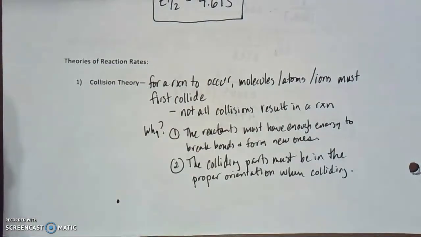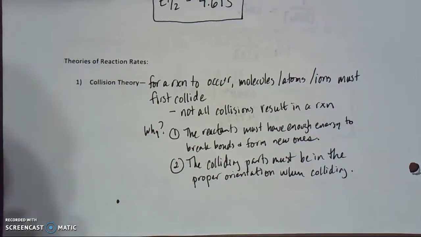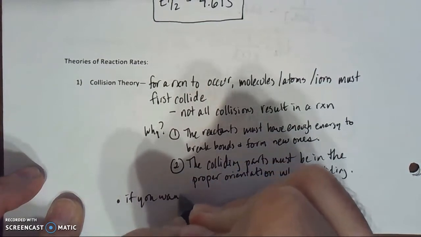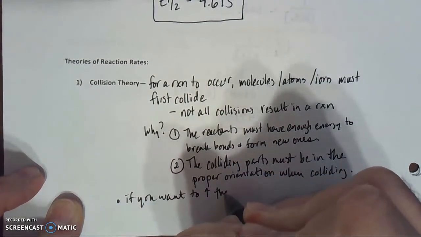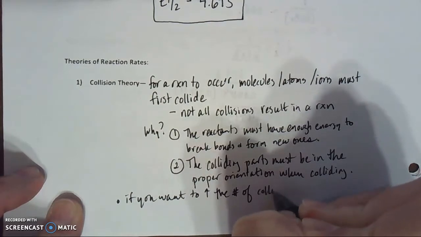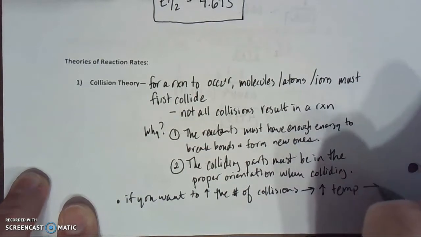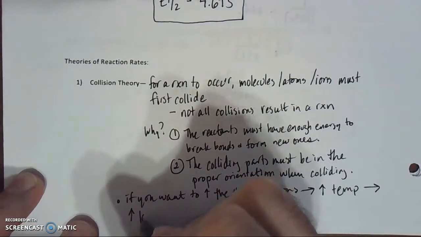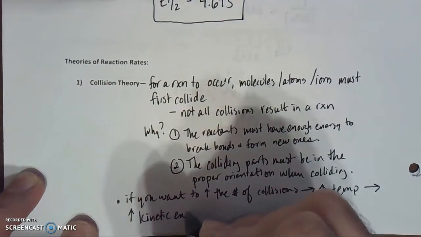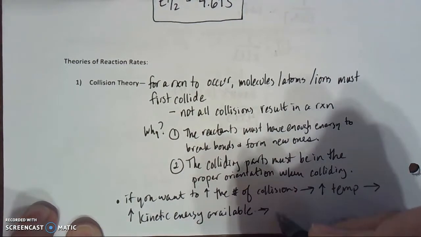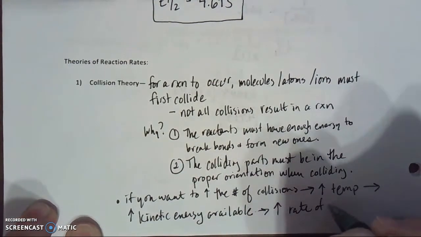We already gave a clue with temperature. If something is not moving very quickly, to get it to move quicker, we could increase the temperature. So if you want to increase the number of collisions, we could increase the temperature, which in turn increases the kinetic energy available, which increases the rate of reaction.